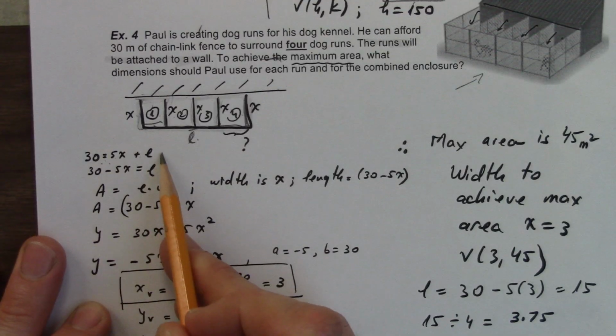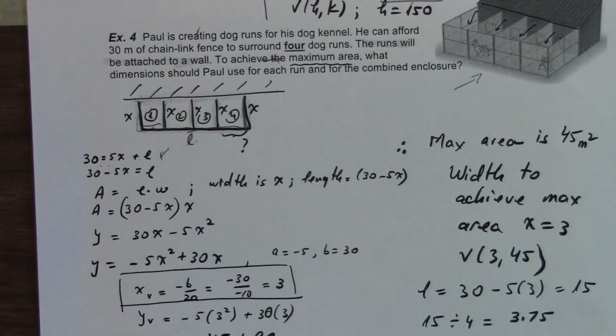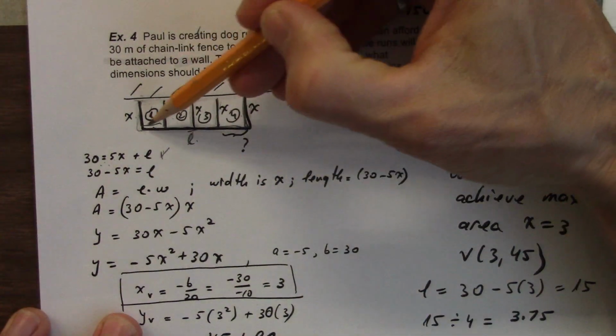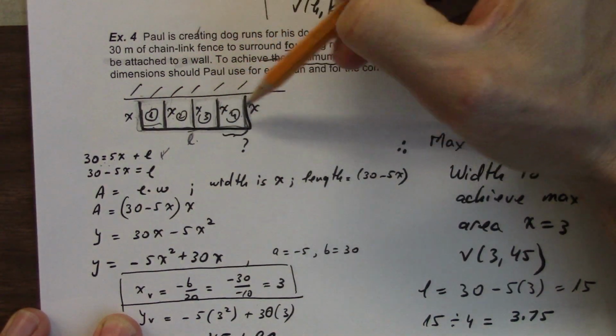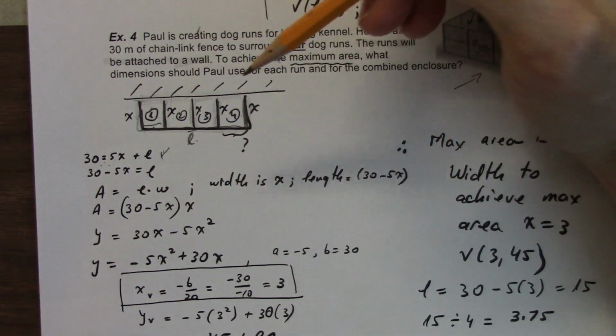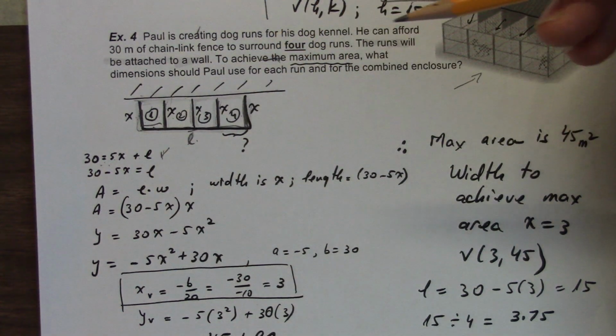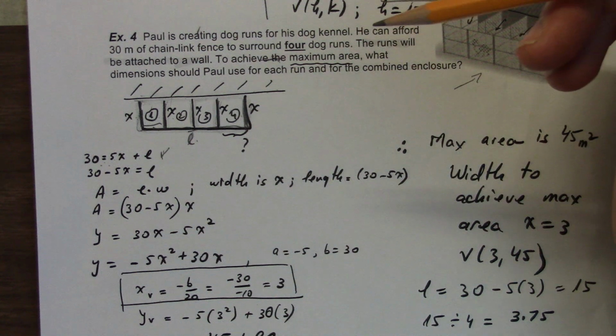Does this equation make sense? Or does anybody have any questions about that equation? Yeah, Alan. The 5x is from these 5 lines: 1, 2, 3, 4, 5. And we decided they're called x. You could have called them w, could have called them whatever.